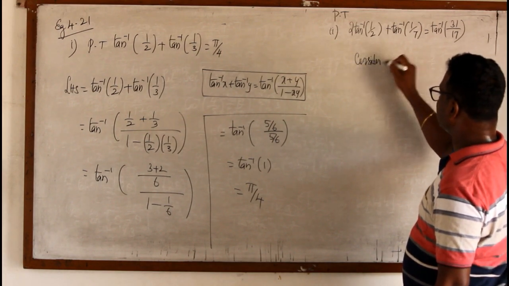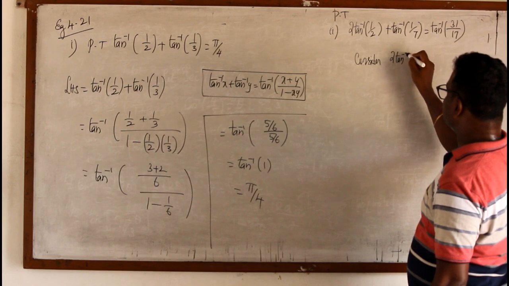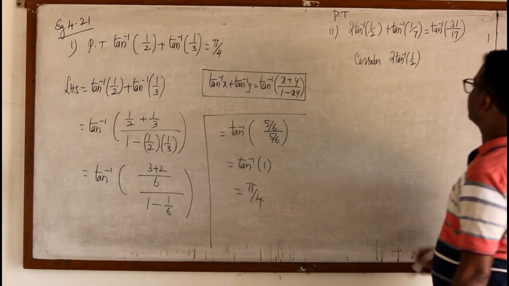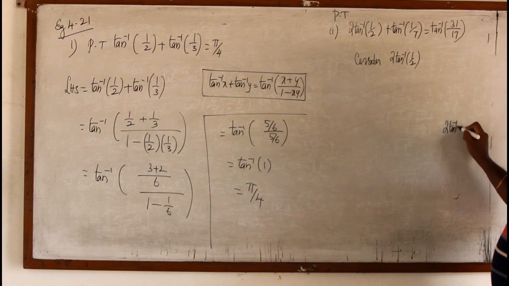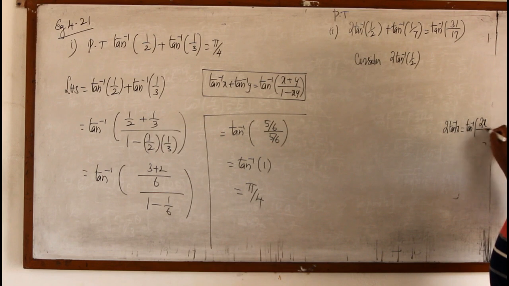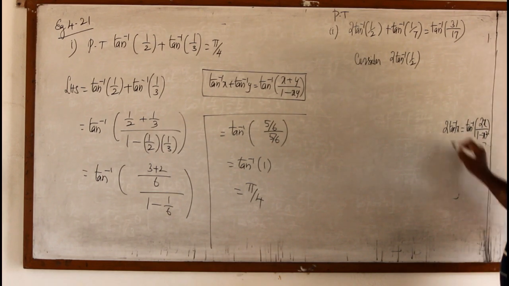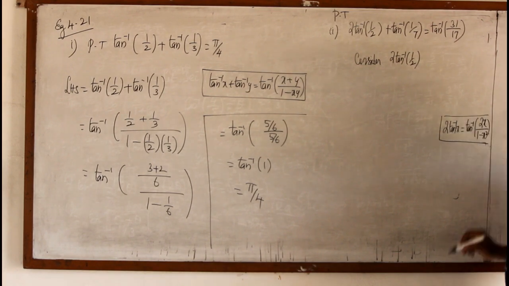Consider 2 tan inverse of 1 by 2. For 2 tan inverse of x, we have a formula: tan inverse of 2x by 1 minus x square. We should use this formula.